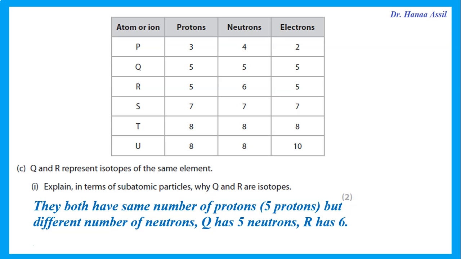Why are Q and R isotopes? Because both of them have 5 protons, but they have different neutrons. Q has 5 while R has 6. You have to refer to Q and R in the table because that is mentioned in the question. Otherwise, if the question just says what is meant by isotopes, we just say same number of protons, different number of neutrons.